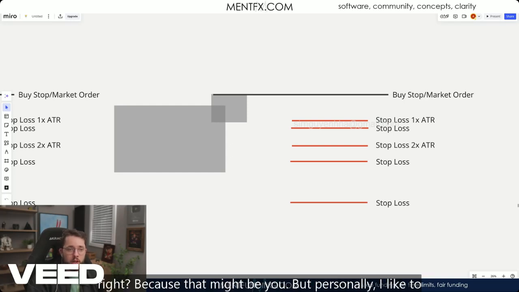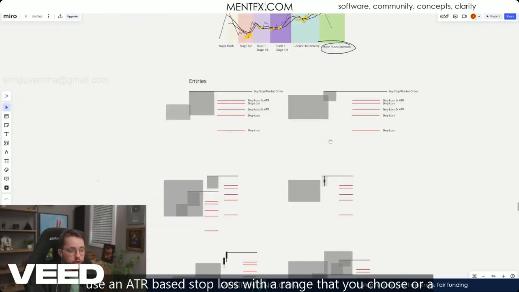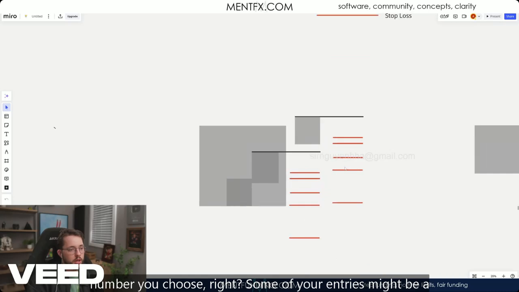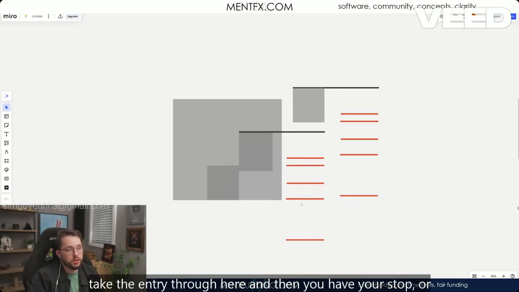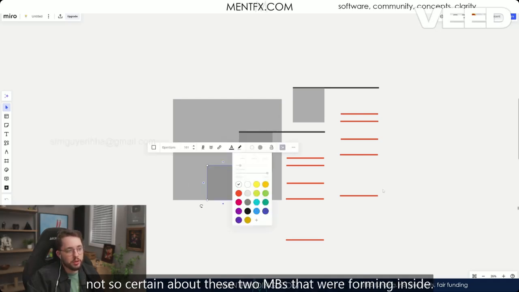Because that might be you. But personally, I like to use an ATR-based stop loss with a range that you choose, or a number you choose, right? Some of your entries might be a double MB within what looked to be an initial MB. So you take the entry through here and then you have your stop. Or in some instances, maybe this ends up being an MB and you're not so certain about these two MBs that were forming inside.